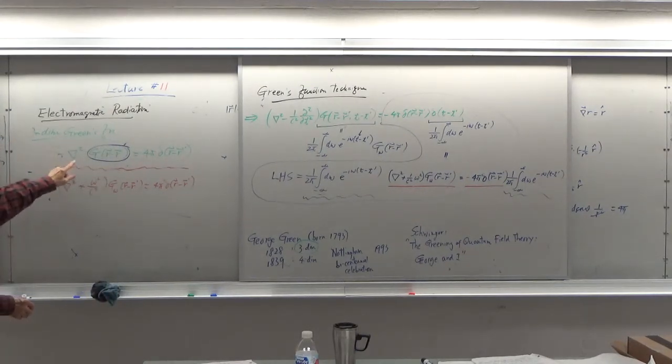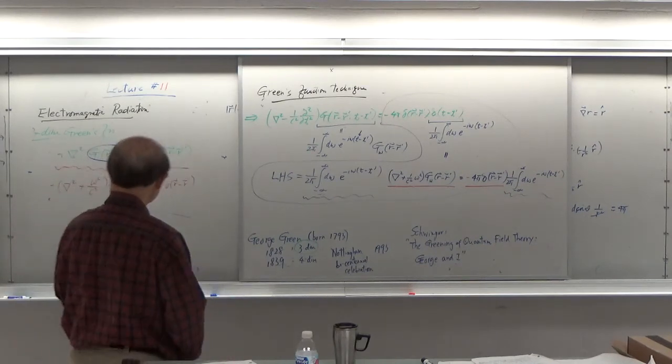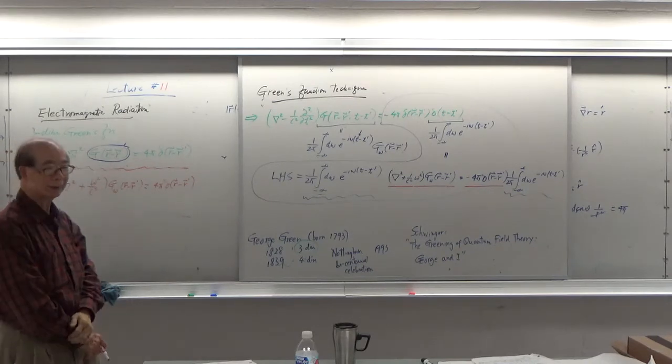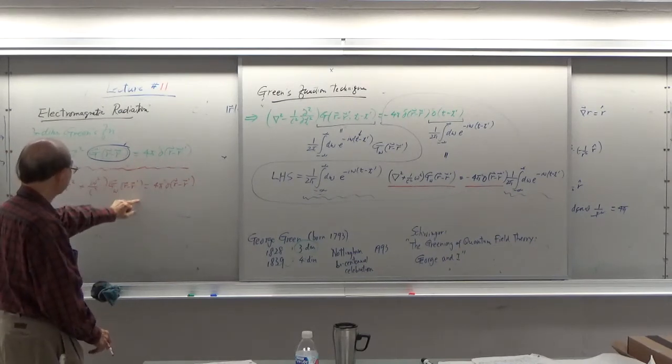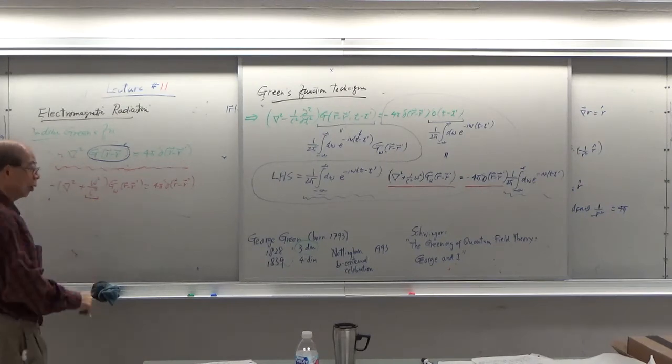If you compare the original 3-dimensional Green's function equation with my g sub omega, they look the same, except that now there is an extra term in the operator.